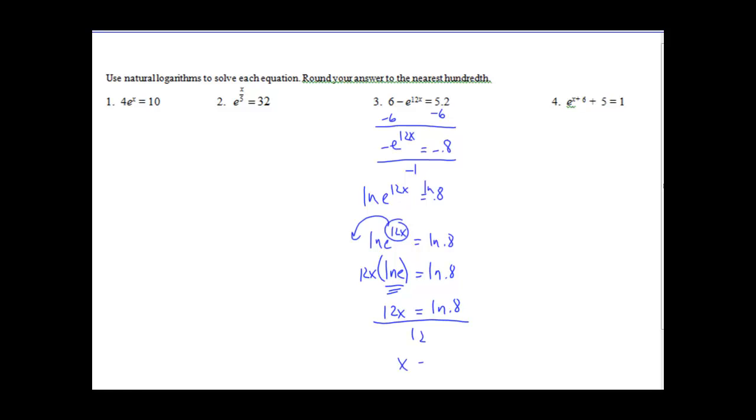Divide by 12, and x is approximately negative 0.019. Remember here, right here at the top, you can't take negative logs. Hopefully we can divide by that negative 1.